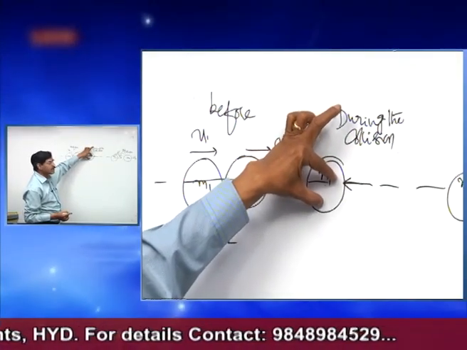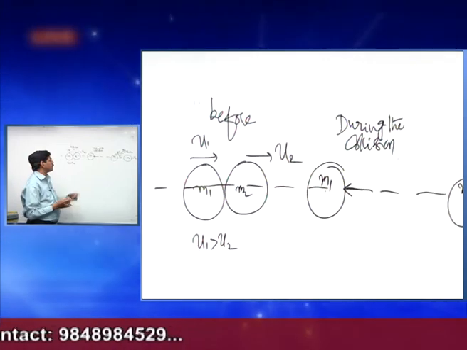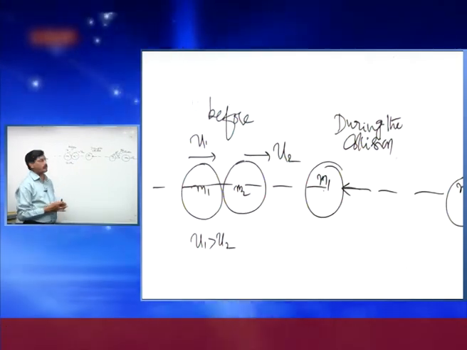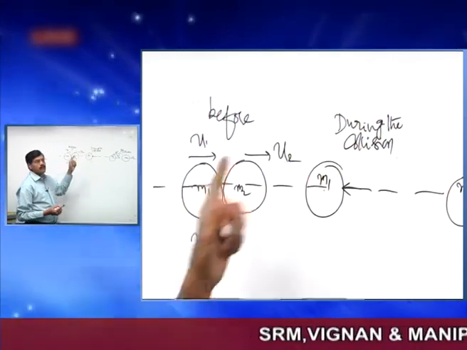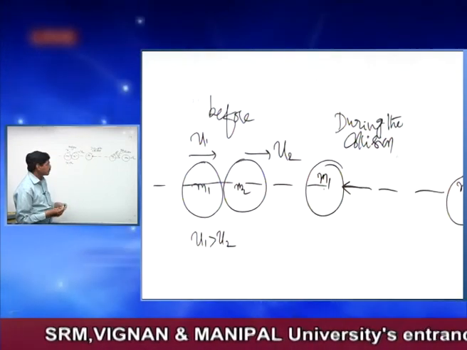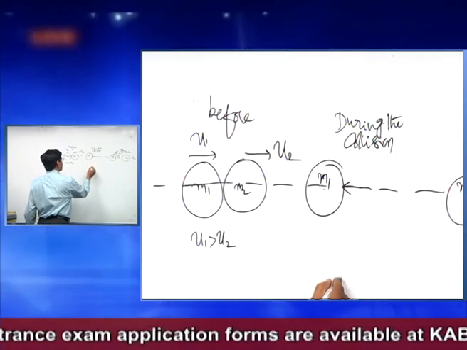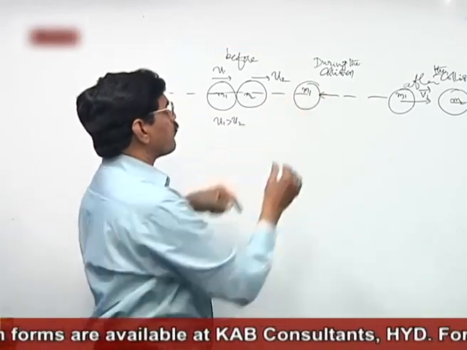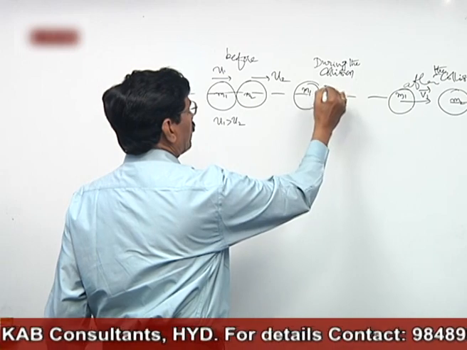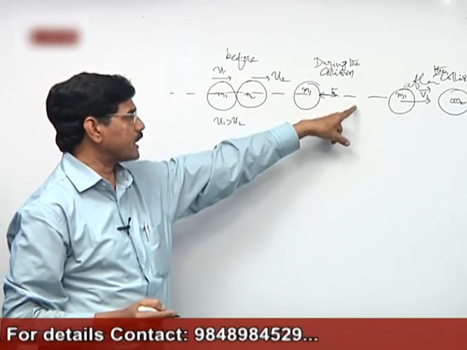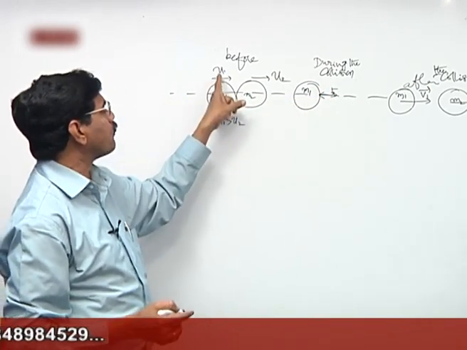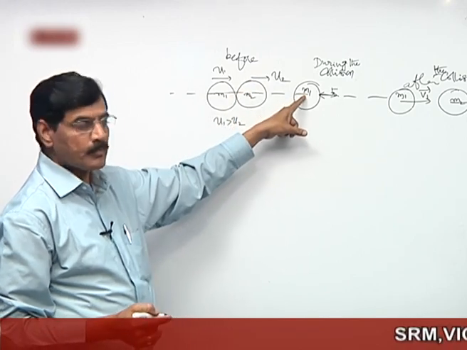Therefore, the first ball's shape is going to undergo change because m1 possesses some elasticity. Because of the deforming force acting towards left on the first ball, its velocity goes on decreasing.